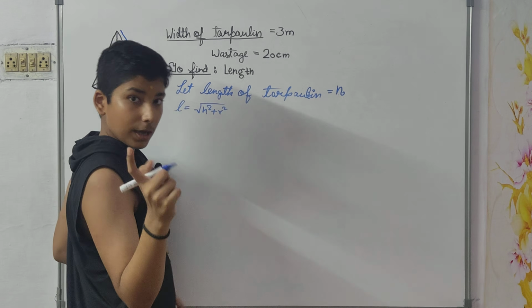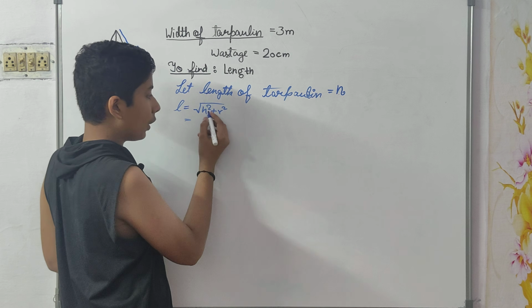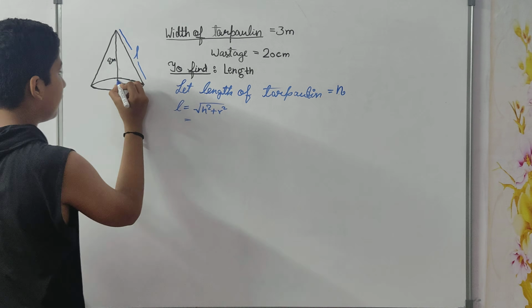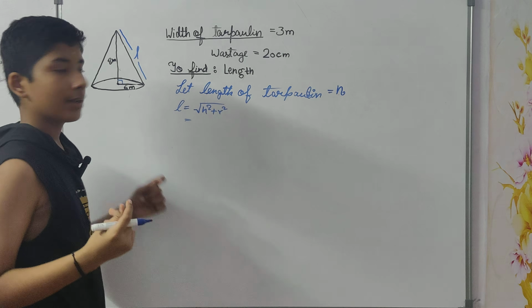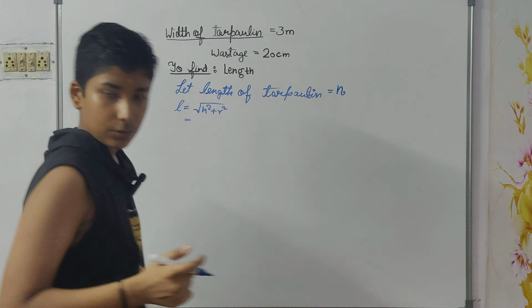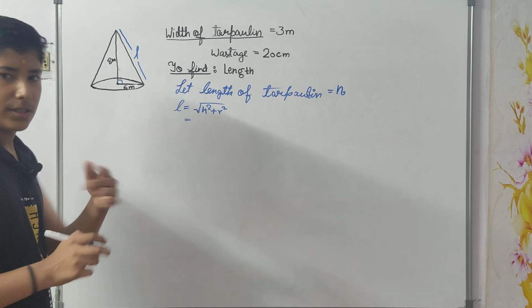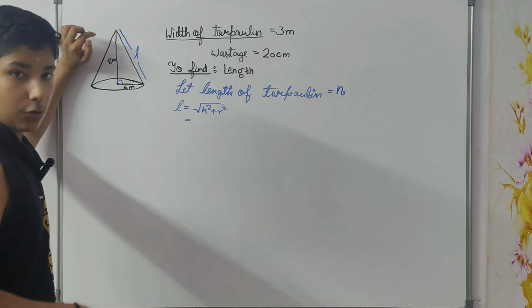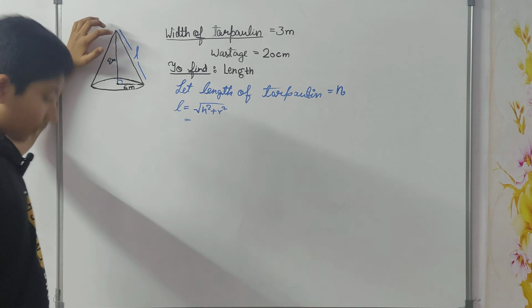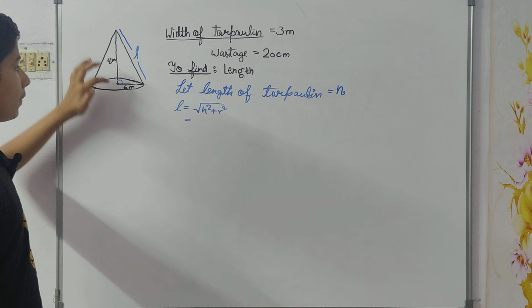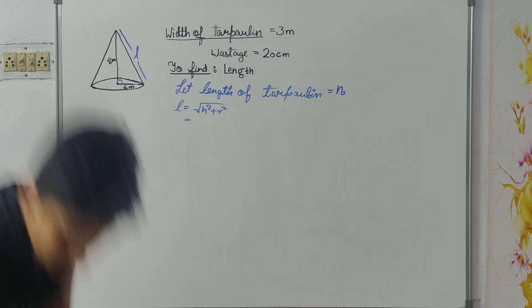Am I right or wrong? I am right. This is the formula for finding l. How? Because in a cone, unless it is given otherwise, it is always a right angled cone. In further questions, it will also come as a right circular cone. So from Pythagoras theorem, we can find l, which is this square plus this square under root.